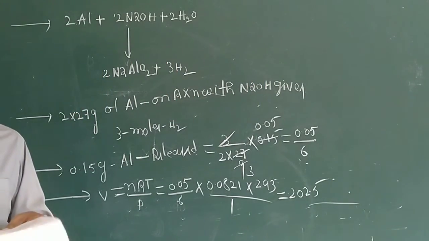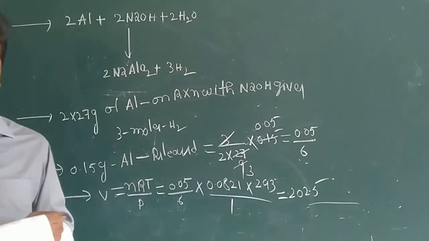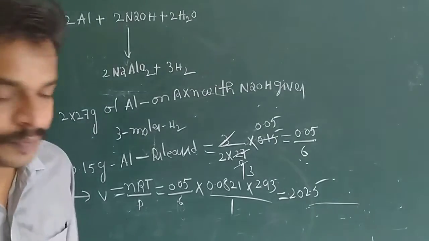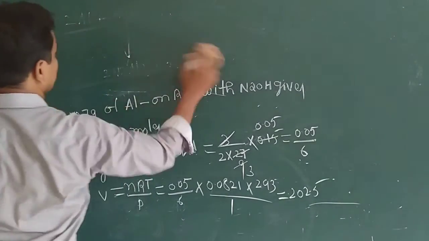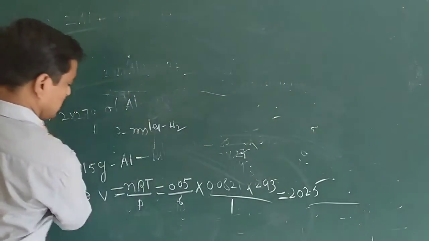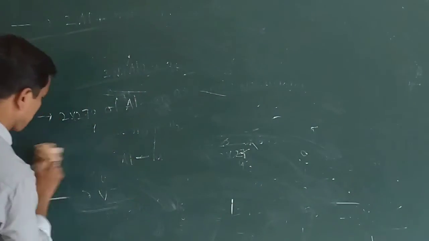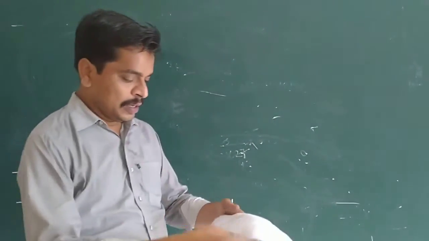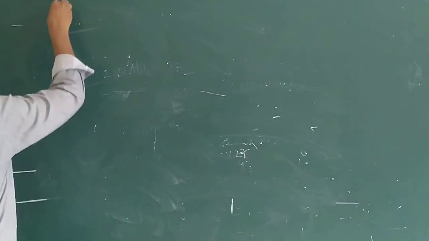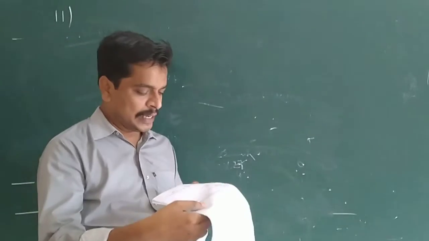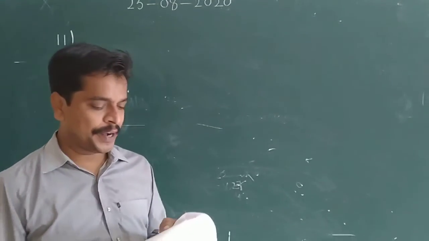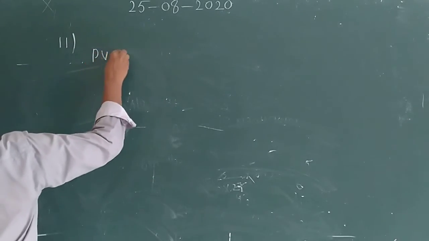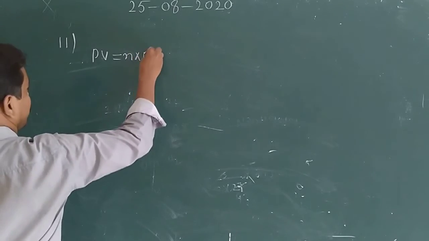Next, question number 11. Calculate the temperature of 4 moles of gas occupying 5 dm cube at 3.32 bar. So students, PV is equal to nRT.